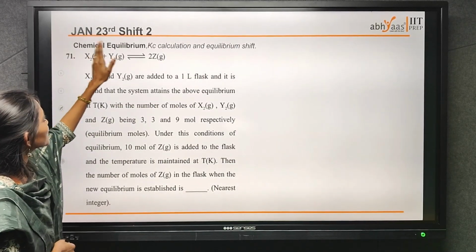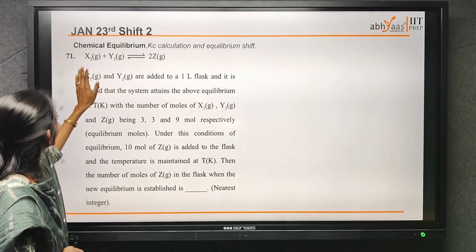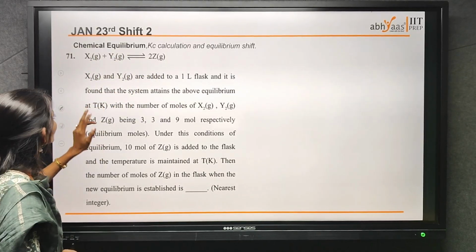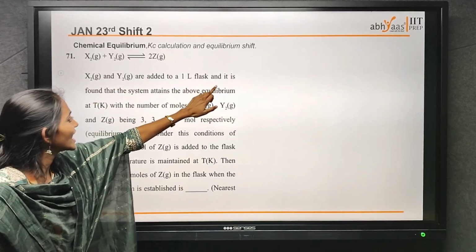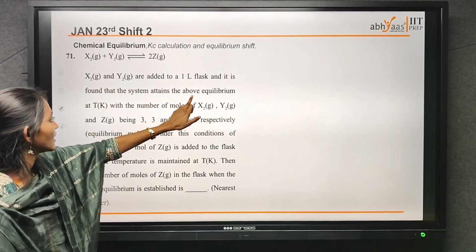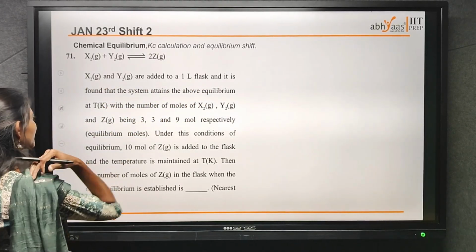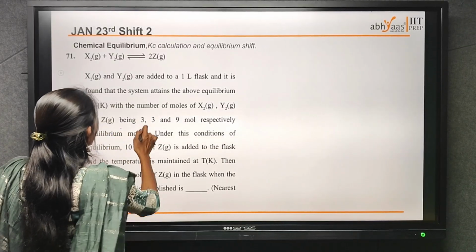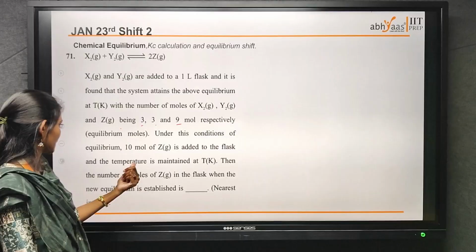This question was asked from chemical equilibrium. They are asking that X2 plus Y2 gives rise to 2Z. In a 1 liter flask, the system attains the above equilibrium at temperature T, with the number of moles of X2, Y2 and Z being 3, 3 and 9 moles respectively.